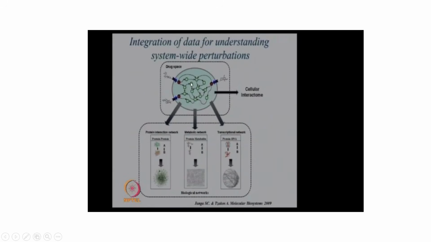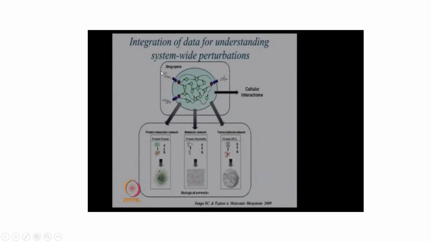So this is how cellular interactomes might interact with each and everything. It depends upon protein-protein interaction, protein-metabolite interaction, or protein-nucleotide interaction. You need to study each type of interaction, how exactly that specific part is getting influenced inside the system.